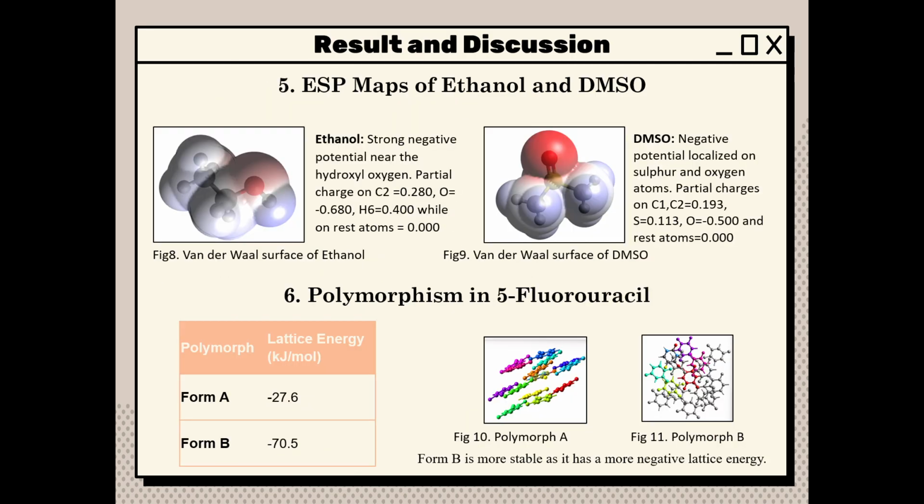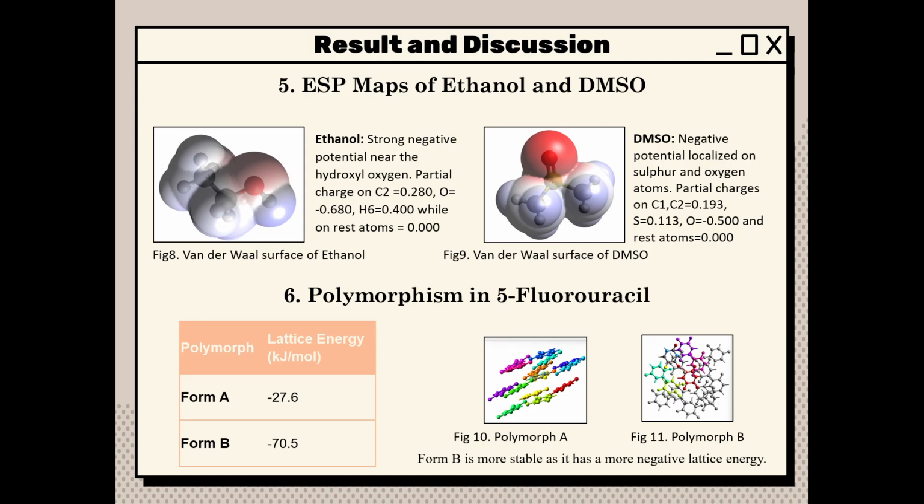Now let's look at the electrostatic potential maps. For ethanol, the strong negative potential around the hydroxyl oxygen indicates the hydrogen bonding capability. Partial charges were observed to be minus 0.680 on oxygen, 0.280 on carbon, and 0.400 on hydrogen.